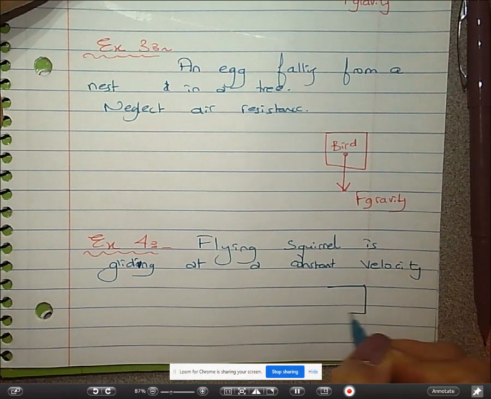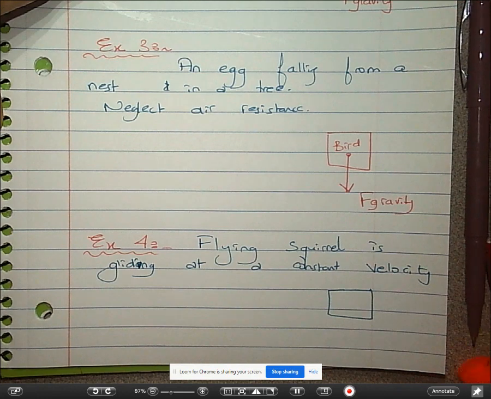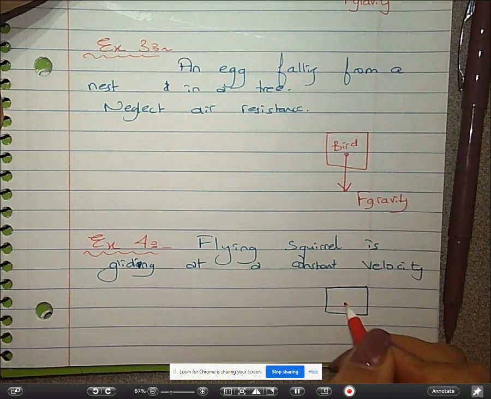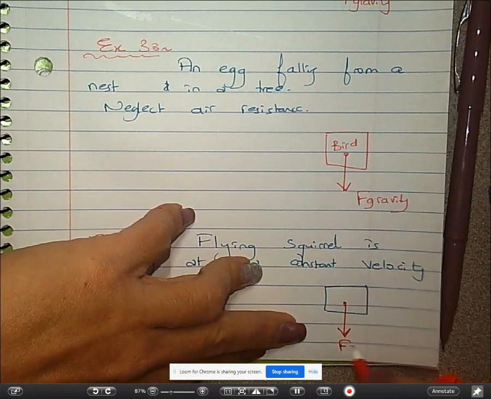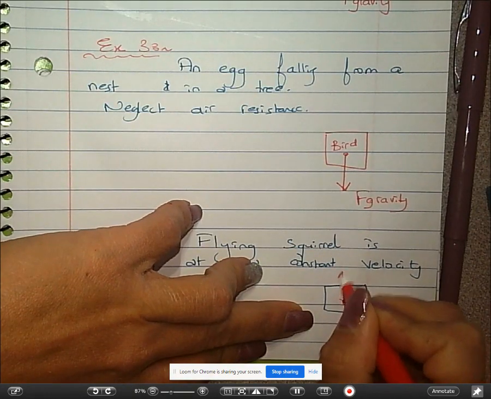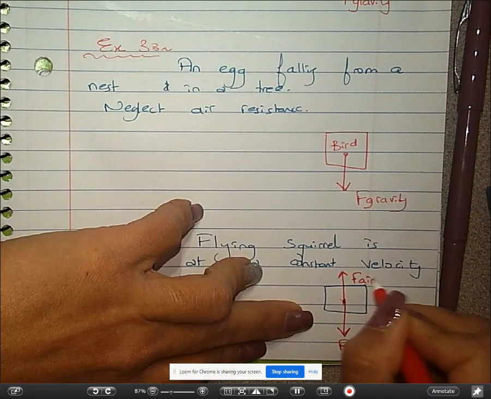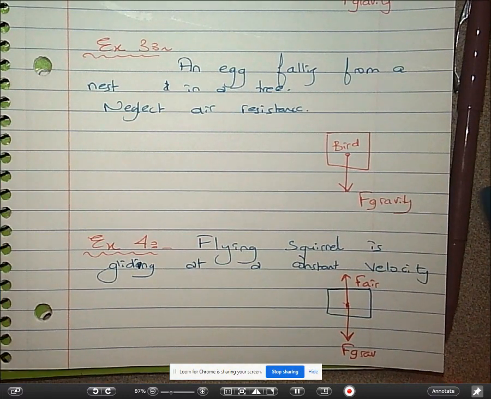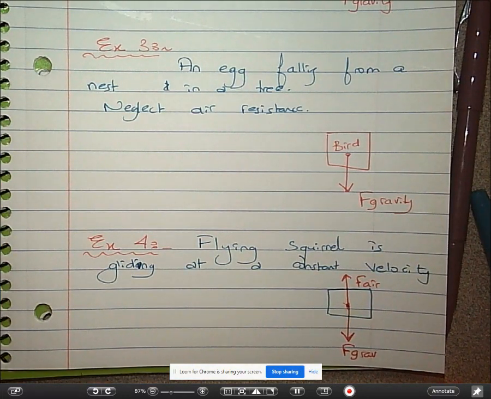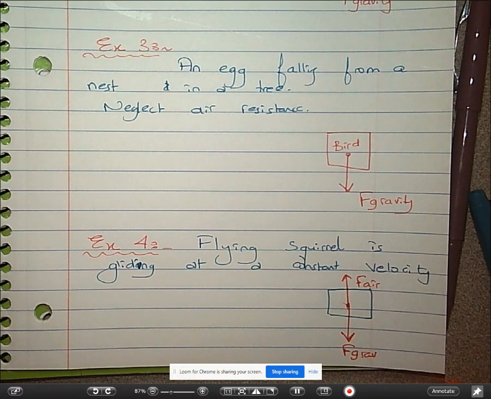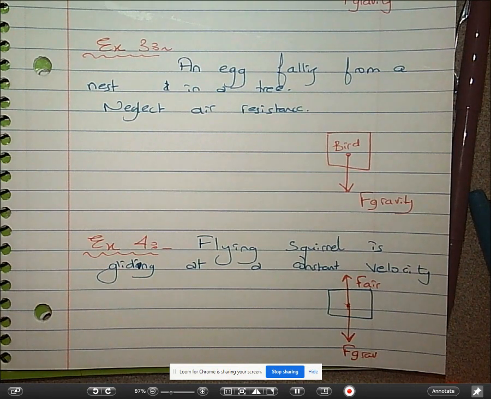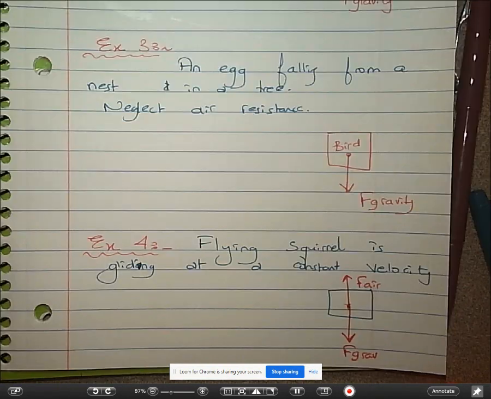So I got gravity, and we know that we have the air resistance that is upwards. All right, so let's do example number 5, and I'm just going to cut it because I don't want to really write it down.